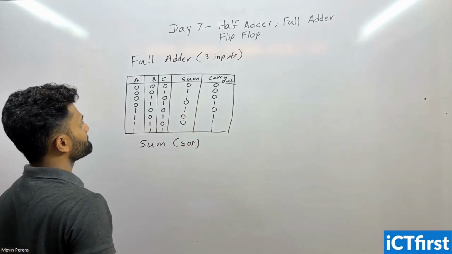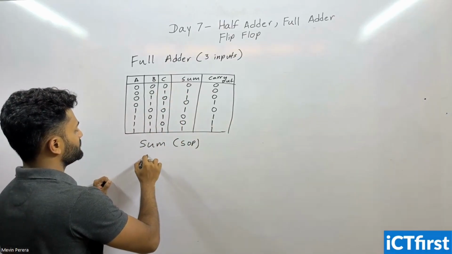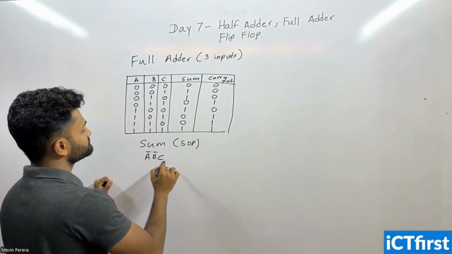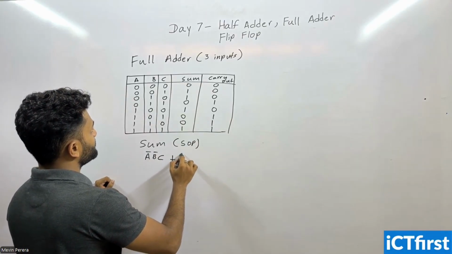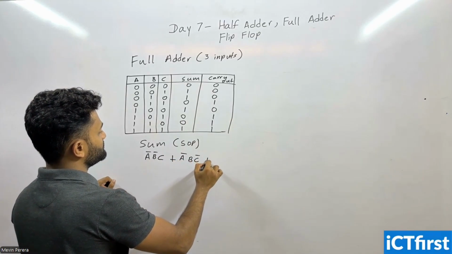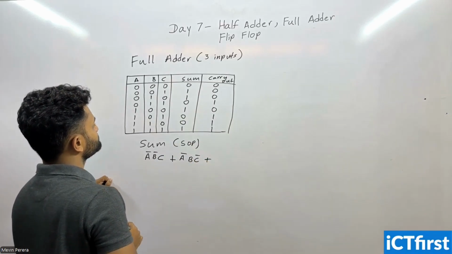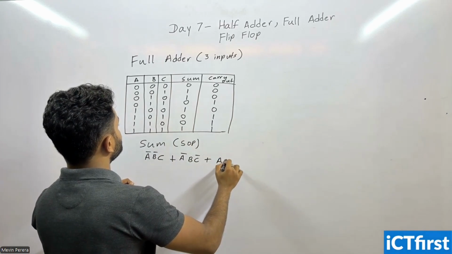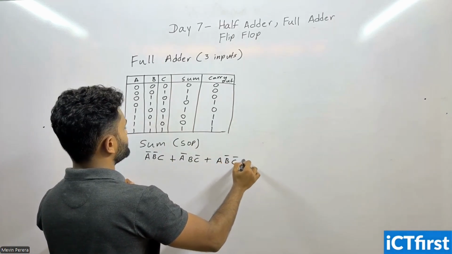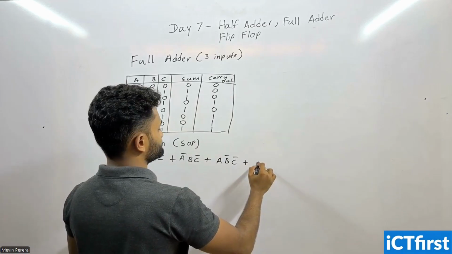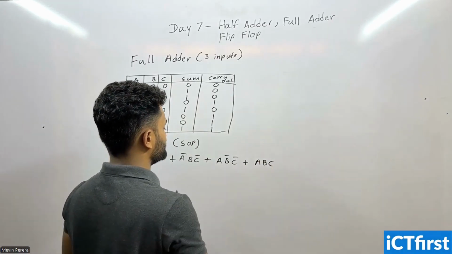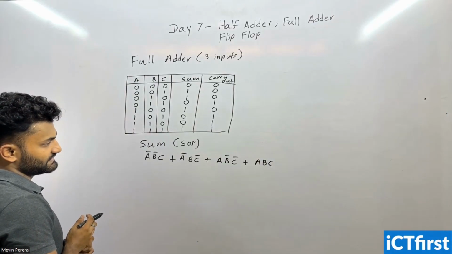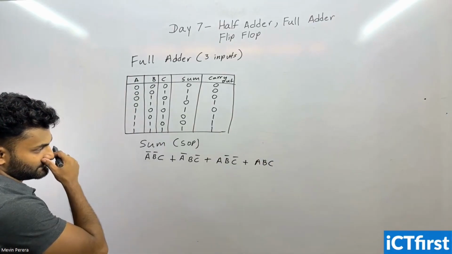So for the sum, let me write this. Okay. Now A bar B bar C plus A bar B C bar plus A B bar C bar plus A B C. Okay, now there is a bit of a catch here, right?